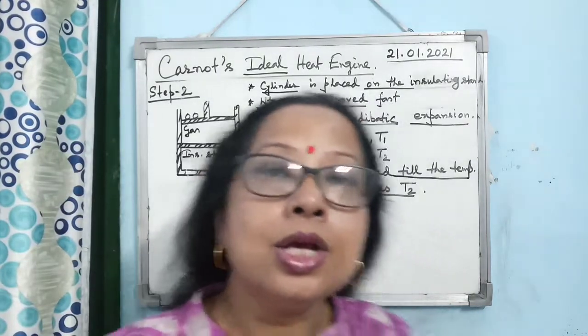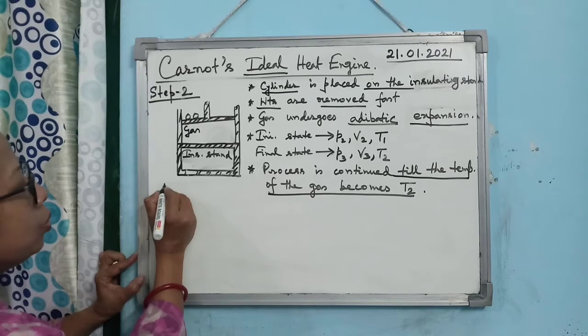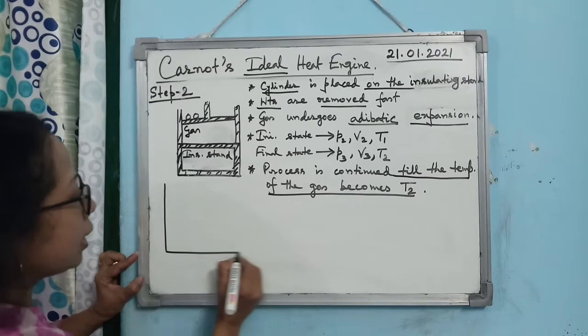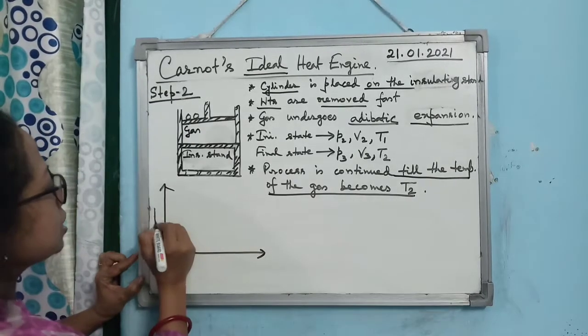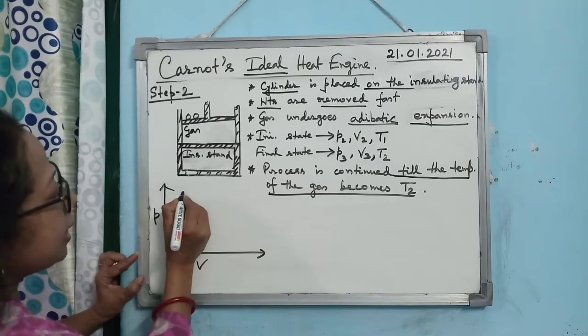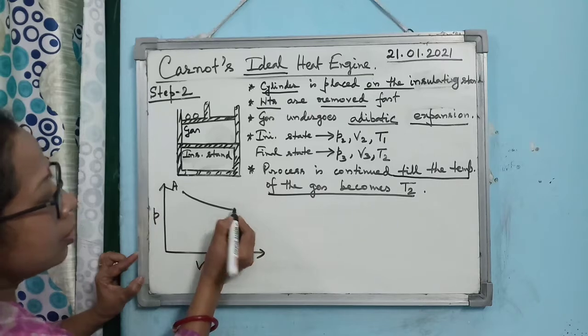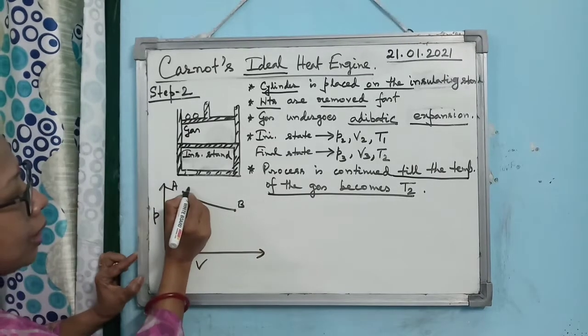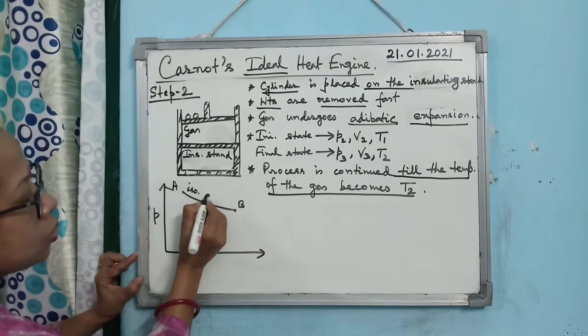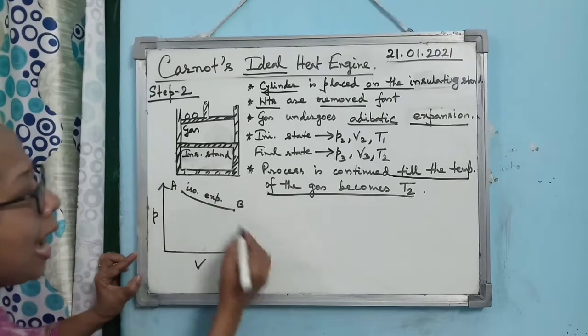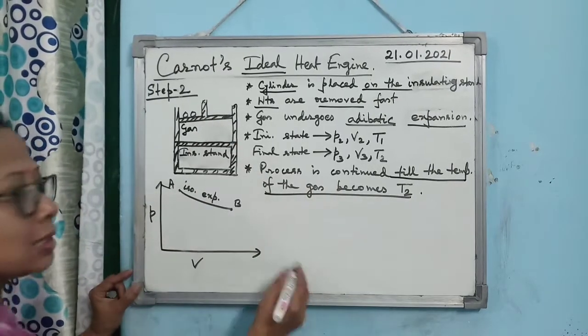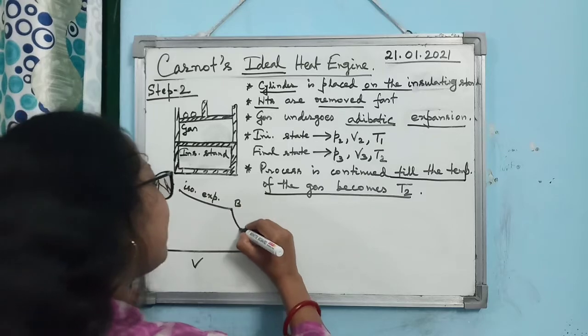Is that clear? So if you now plot the graph for P and V, as I said, initially it was in the state A, then it has undergone the isothermal expansion. This is isothermal expansion, and now for the second step it will undergo adiabatic expansion.